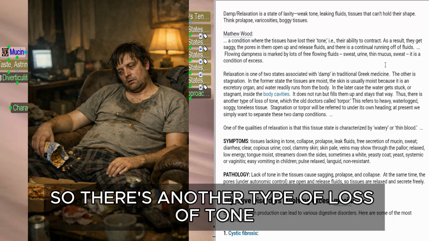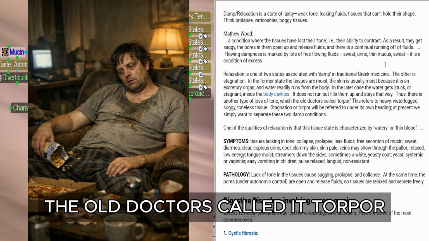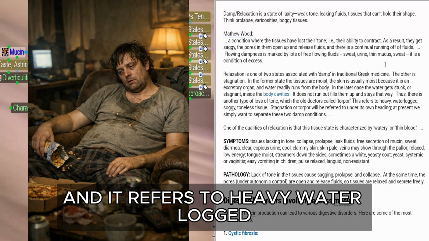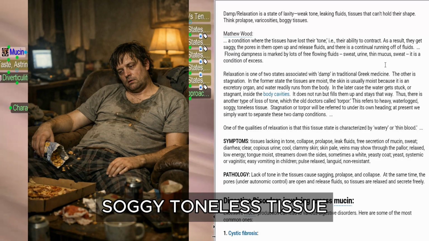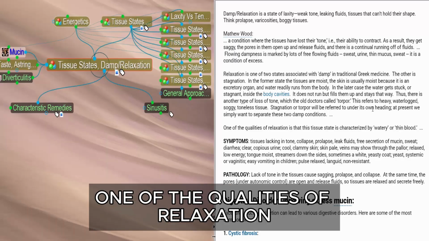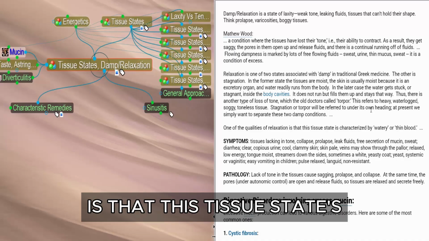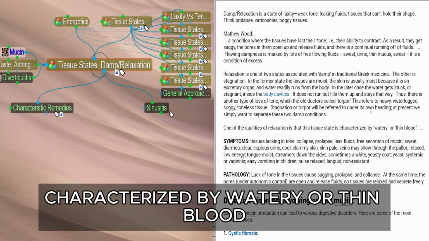So there's another type of loss of tone. The old doctors called it torpor, and it refers to heavy, waterlogged, soggy, toneless tissue. One of the qualities of relaxation is that this tissue state's characterized by watery or thin blood.